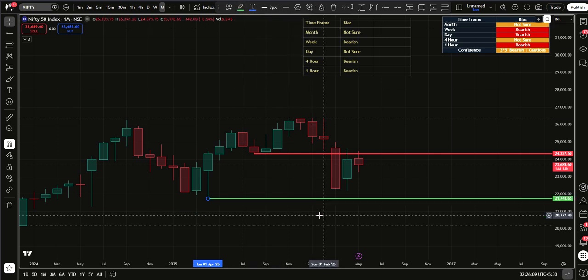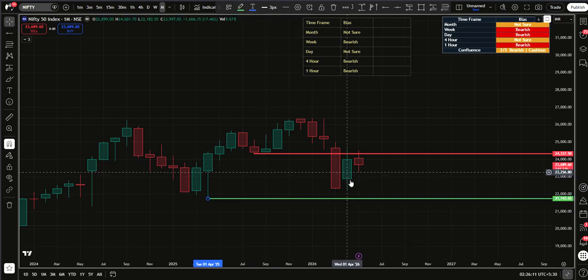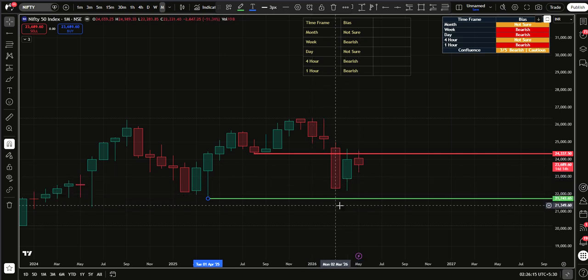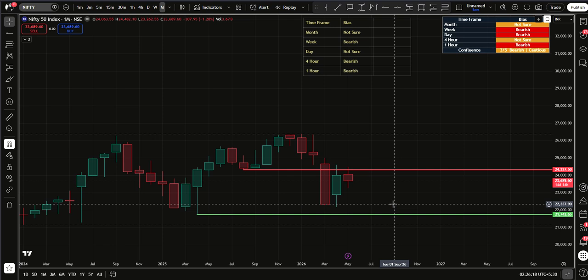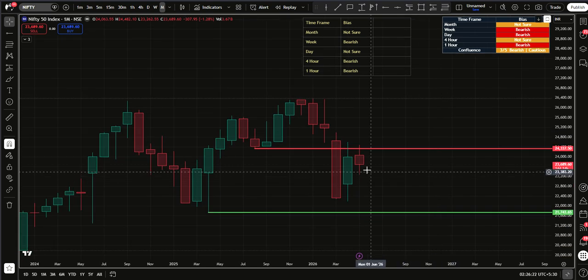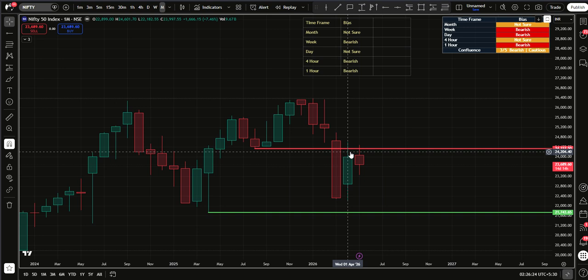When I say the buyers are right here, I'm not saying there's no buying happening here. It's just that I will need a swing high or a swing low to be formed, or a fair value gap or an order block to be formed for me to guess an important level of buyers or sellers. Right now, this is what I have.